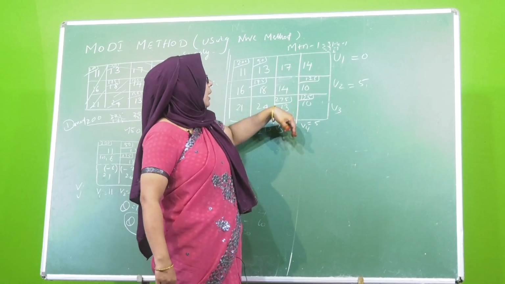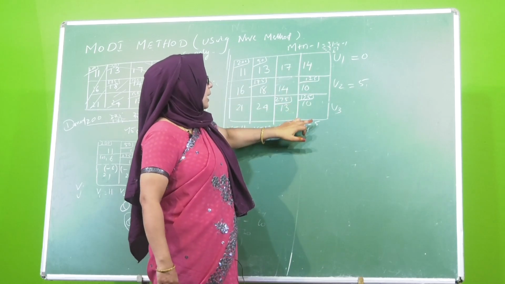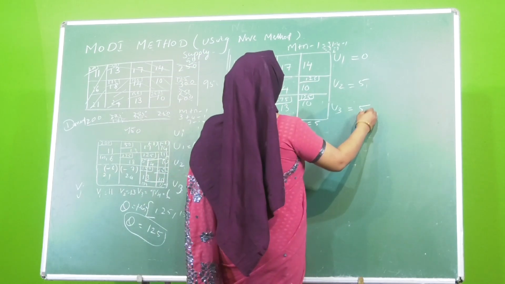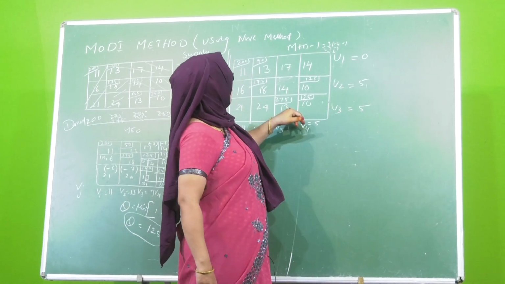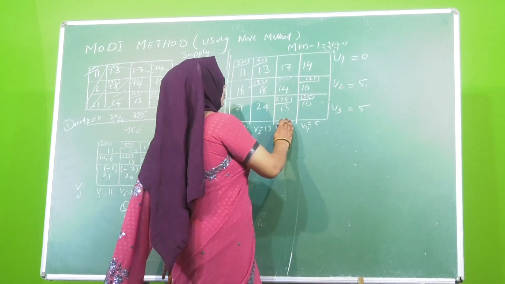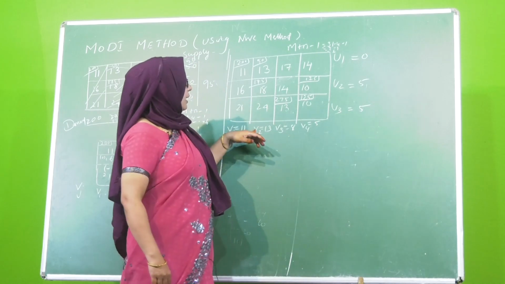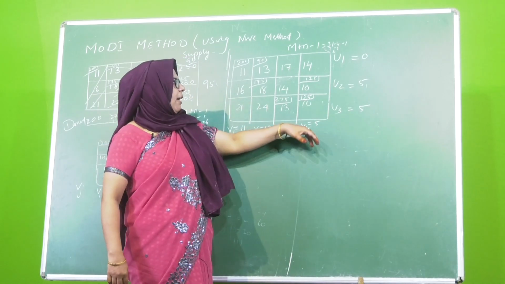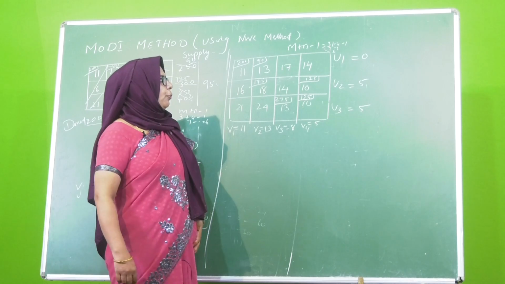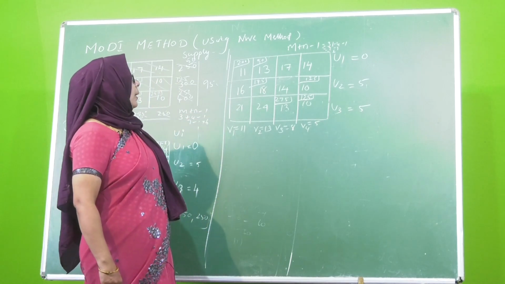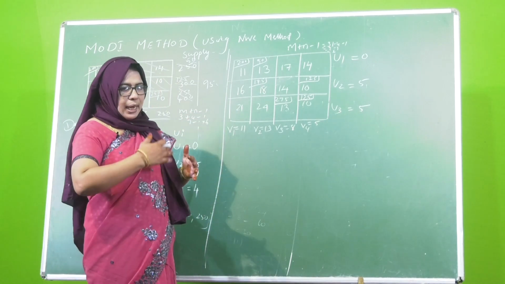So we have the fourth column, 10 minus 5, 5. Using this 5, we take the 13: 13 minus 5 is 8. So V1 is 11, V2 is 13, V3 is 8, V4 is 5. U1 equal to 0, U2 is 5 and U3 is 5. We find it the same way.